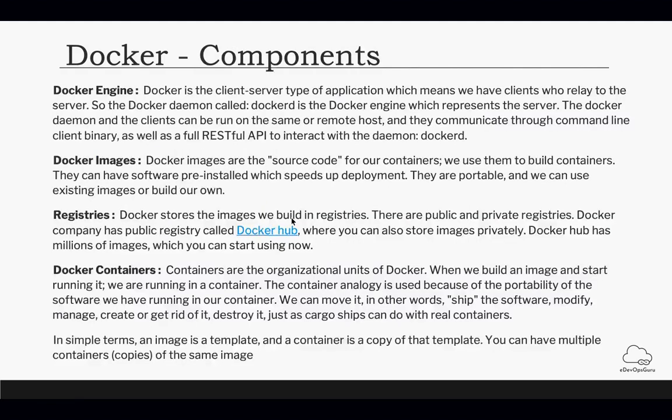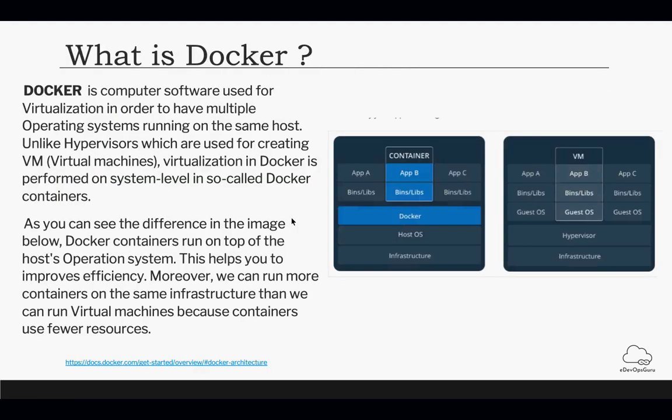Let me give you one more insight. For example, in AWS cloud we create an EC2 instance, and EC2 instances are nothing but virtual machines. You have the infrastructure, and on top of that a hypervisor, and then you create the virtual machines. But with Docker you already have an operating system, which can be virtual or actual.